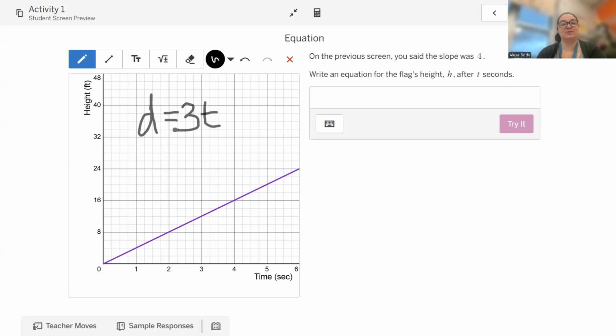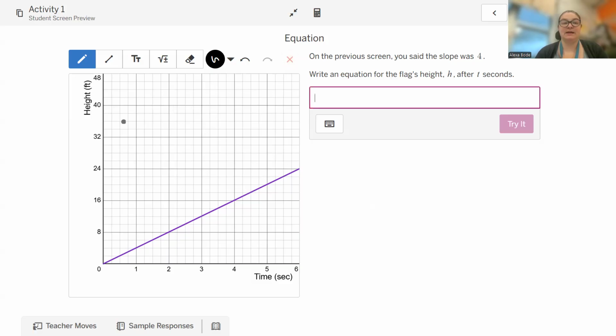So remember last week we said the number in front, that coefficient, is our slope. So this time, h for height, that is our y, that is on the y-axis. So it's h equals the height of the flag equals 4 feet per second.